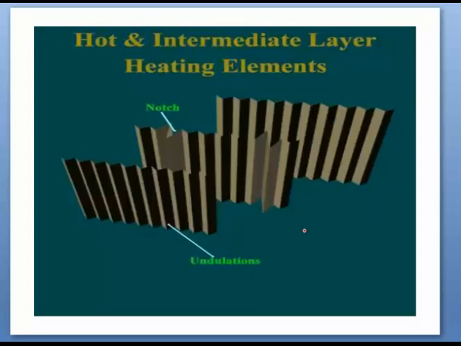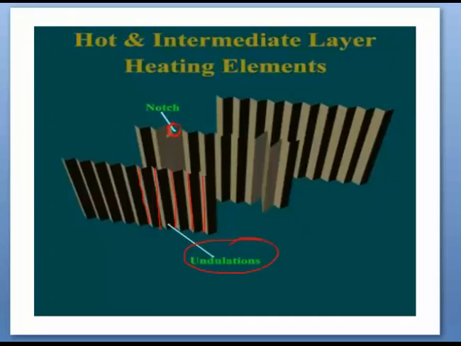Here it is more clearly seen that these are the notches, and this folding, to accommodate inside the basket, they are folded. This is called undulation.